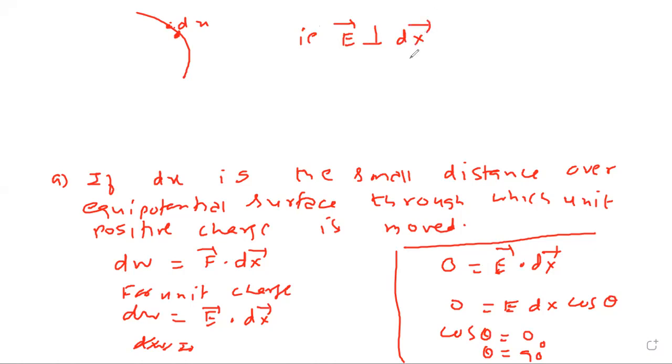Correct? Yes, sir. Okay. Copy, then I'm drawing a diagram to show you the meaning of this. That means whenever electric field and displacement are perpendicular, work done will become 0.